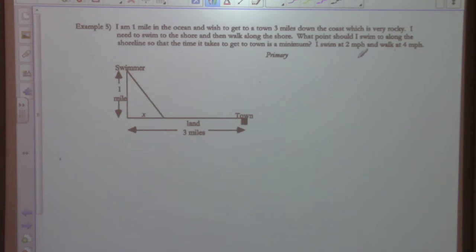So basically, if you swim at 2 miles an hour, that's 1/2 hour per mile, is that right? So 1/2 hour per mile, and when you walk, how many hours per mile is that? 1/4 hour per mile.